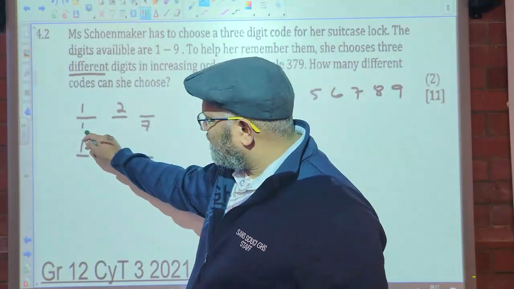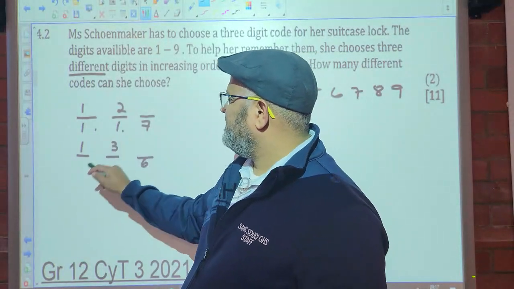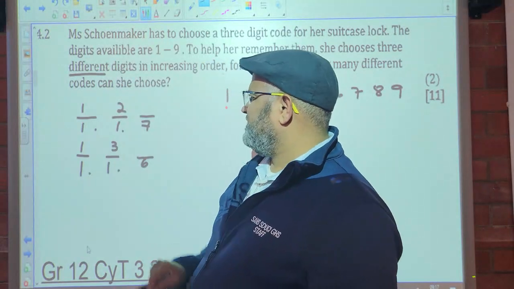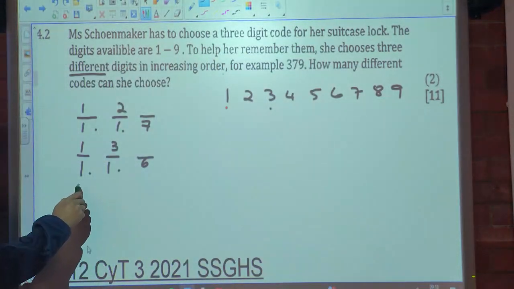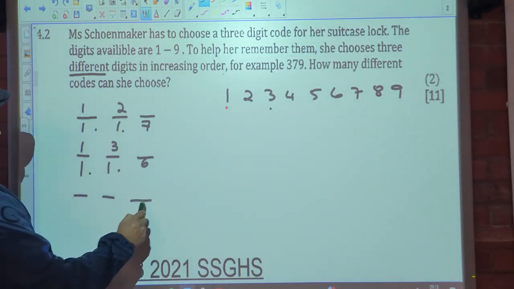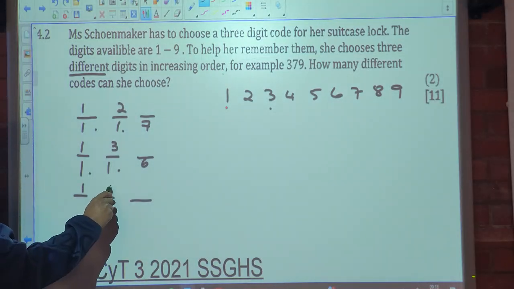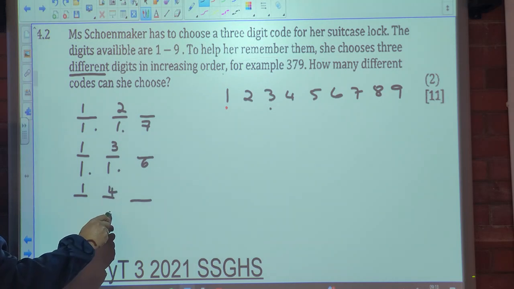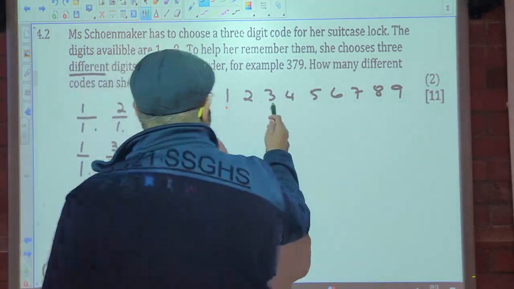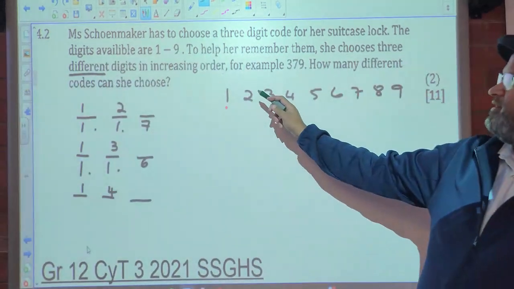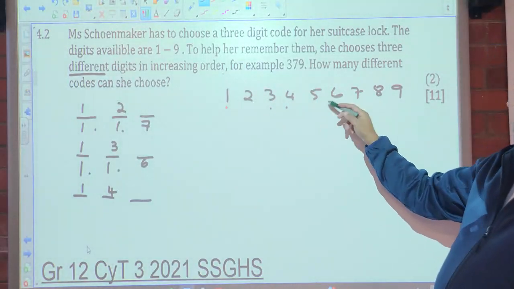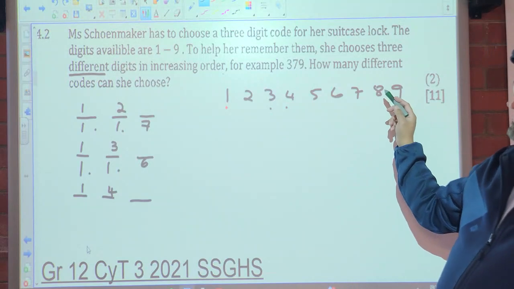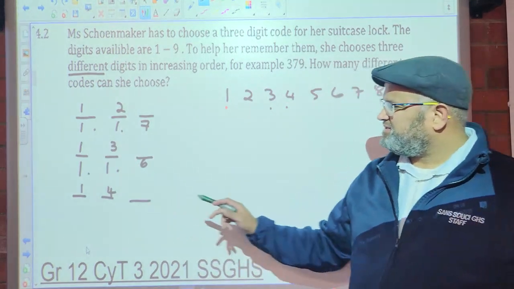Remember, that can only be a 1 and a 3. But you say, okay, it could have been 1, 4. It could be 1, 4, 5; 1, 4, 6; 1, 4, 7; 1, 4, 8; 1, 4, 9. Which gives me how many options on that bit?